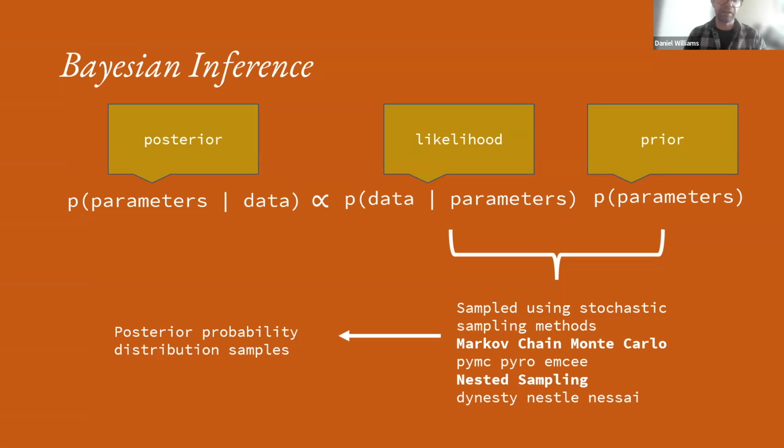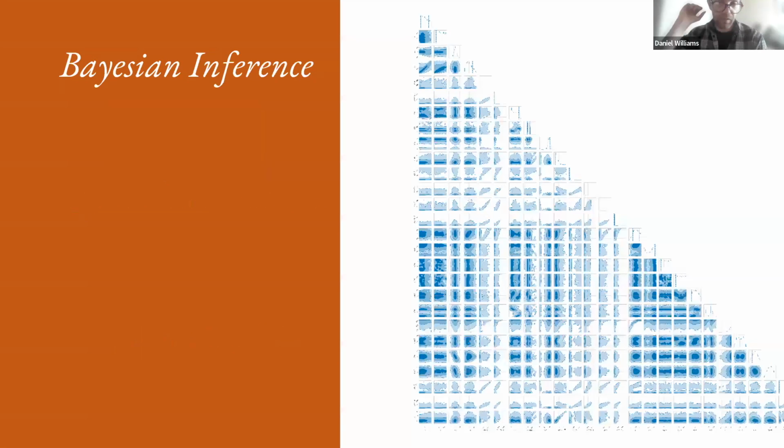So we will quote things like the median of those samples from the probability distribution, and then calculate confidence intervals based on those, which gives you your error bar on each quantity that you're analyzing.